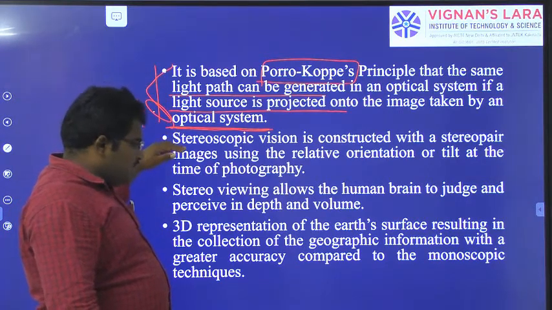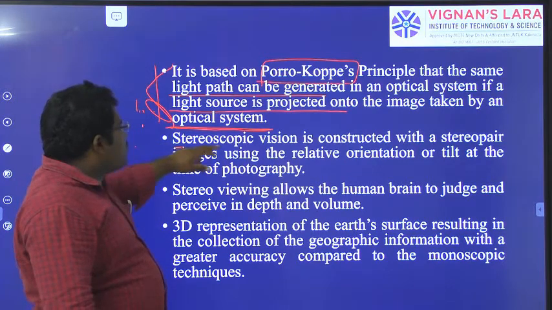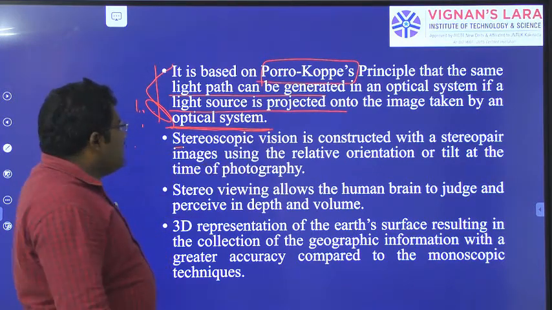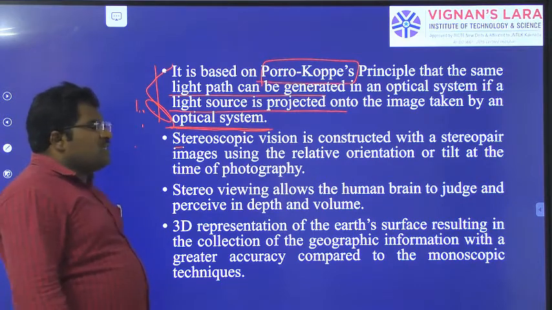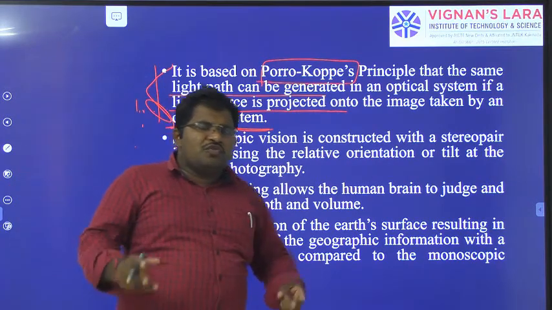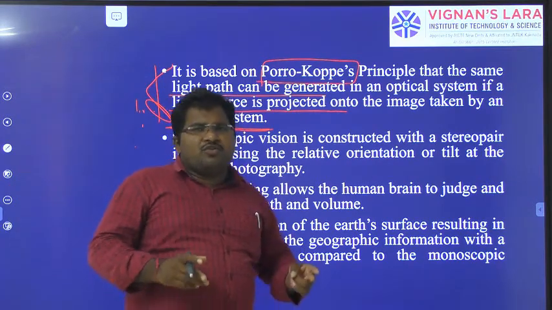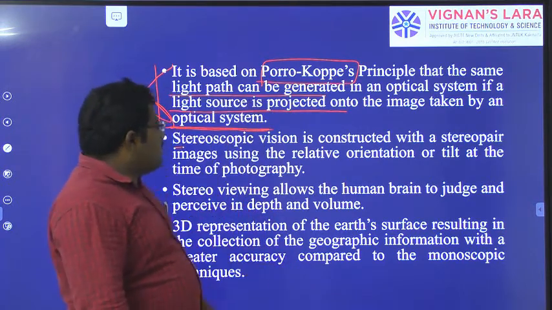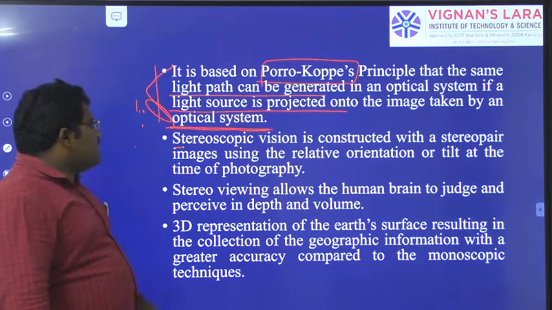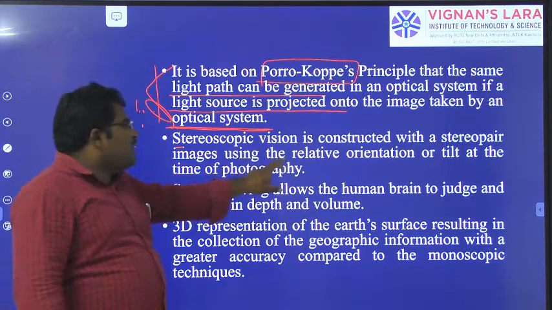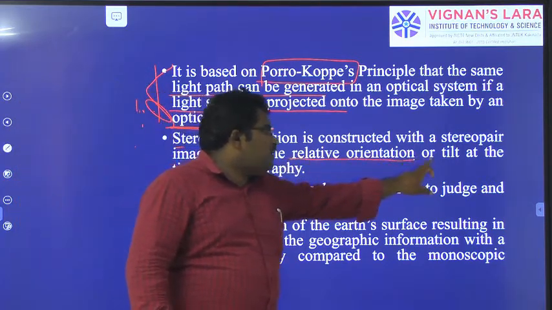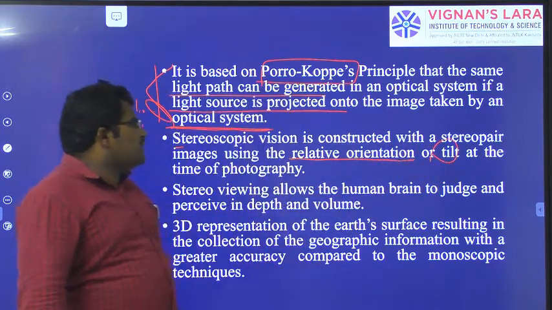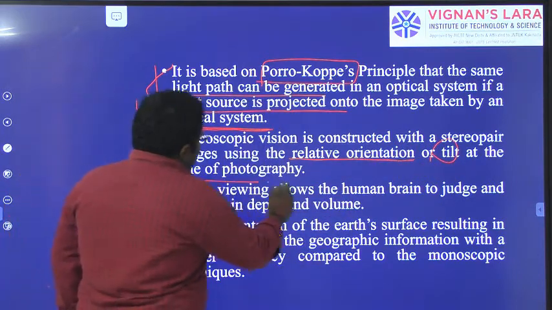Then coming to the next point, stereoscopic vision is constructed with a stereo pair. A stereo pair means two photos taken from two positions of the same ground. These stereo pair images use the relative orientation or tilt at the time of photogrammetry.